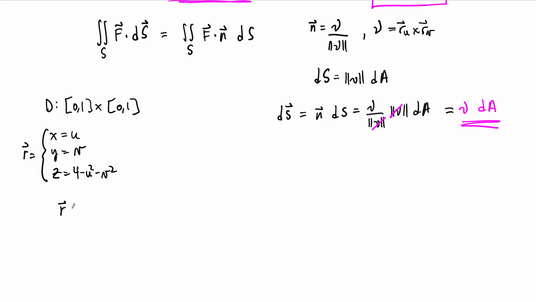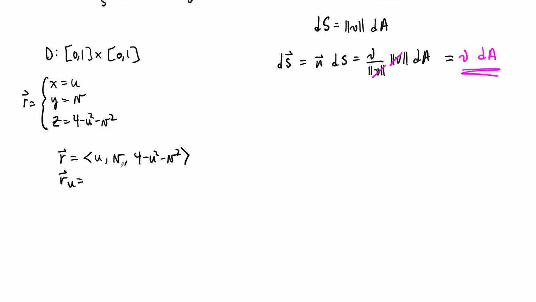So we need then, I'll write everything out again. r is (u, v, 4 minus u squared minus v squared). r sub u is the partial derivative of this with respect to the u variable, so it's (1, 0, minus 2u). r sub v is (0, 1, minus 2v).